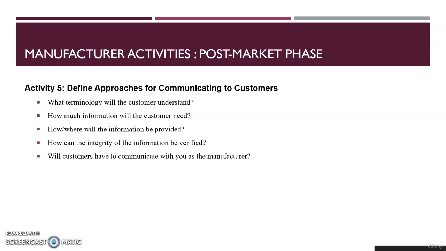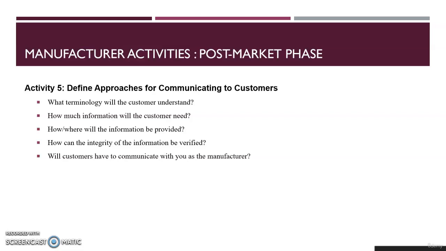For example, a home user will likely have less technical knowledge than the point of contact at a large business customer. Also, IT and cybersecurity professionals may already be familiar with the convention of referring to a vulnerability by its CVE, that is, its Common Vulnerabilities and Exposures number.